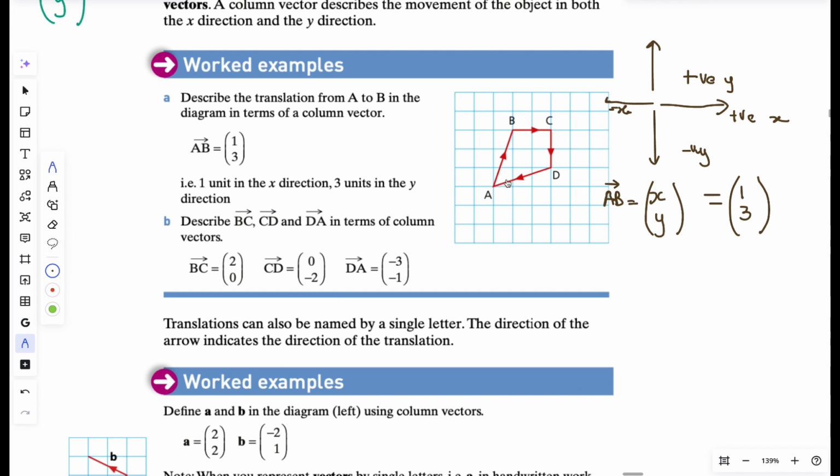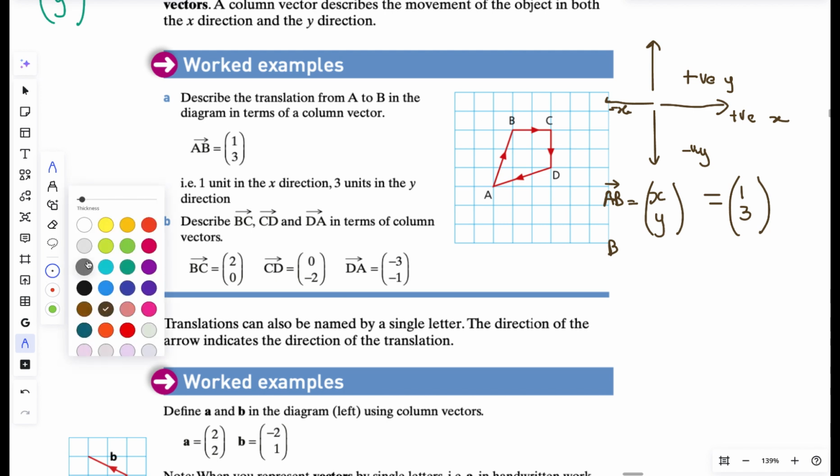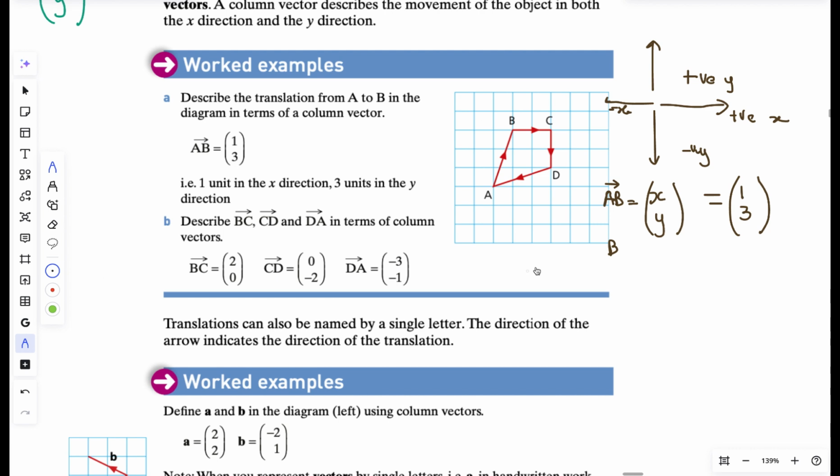Now, let's take another one. It says describe vector BC, CD, and DA in terms of column vector. So we're going to describe BC. Let's take a look at vector BC and see what we're going to have. If we have vector BC, we always put an arrow on top to show it's a vector quantity.